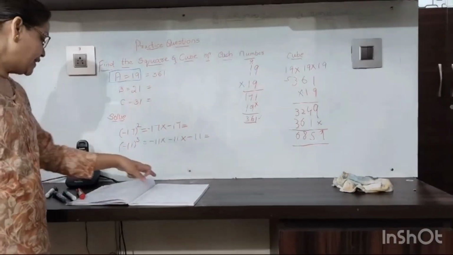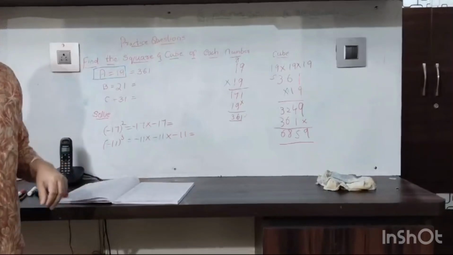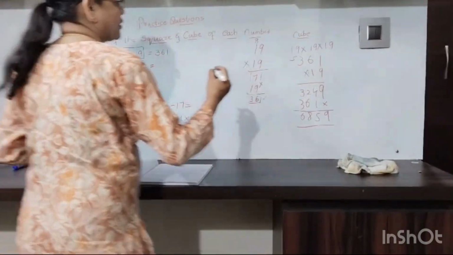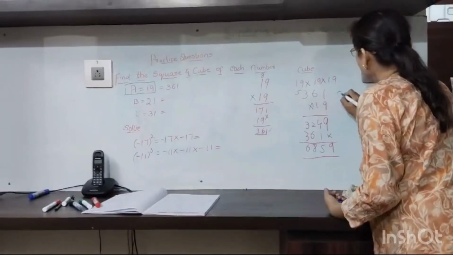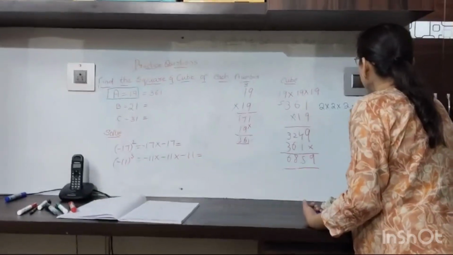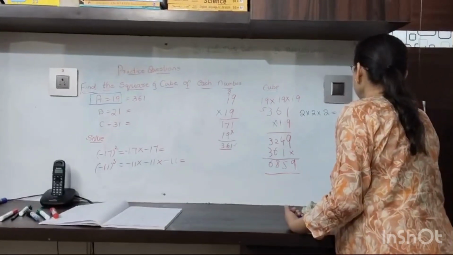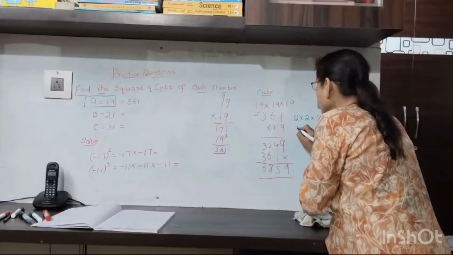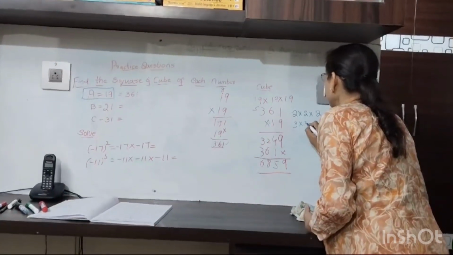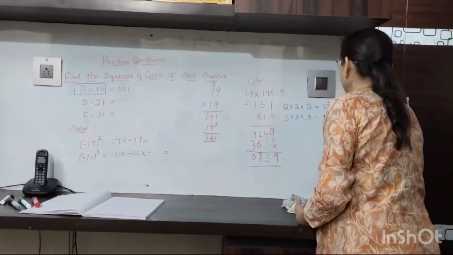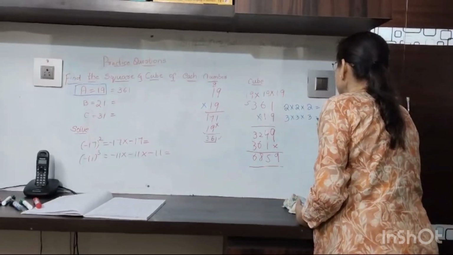I repeat again, the cube of an even number is always an even number. Here is the example for that. Cube. This is the even number, children. So, the cube of an even number is always an even number. Understood? The cube of an odd number is always an odd number. That is 3 into 3, 9. 9 into 3 is equal to 27.